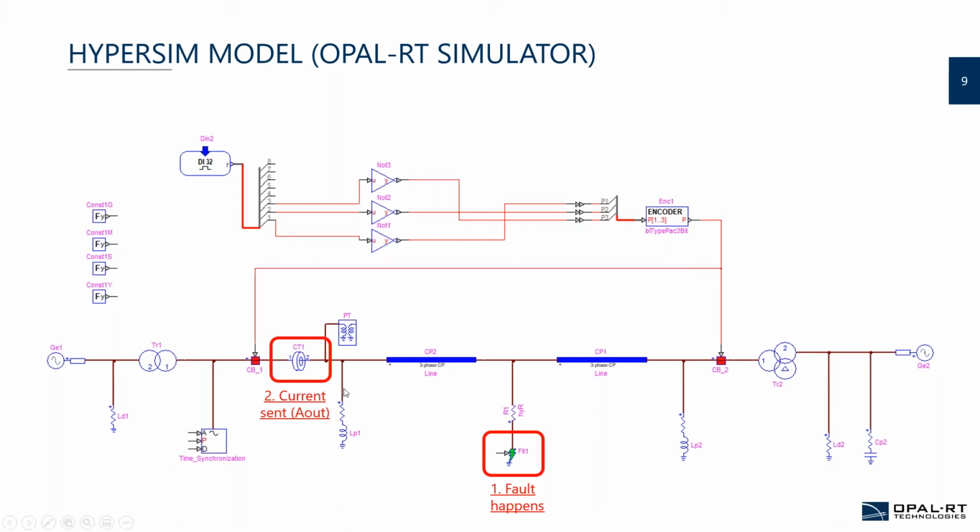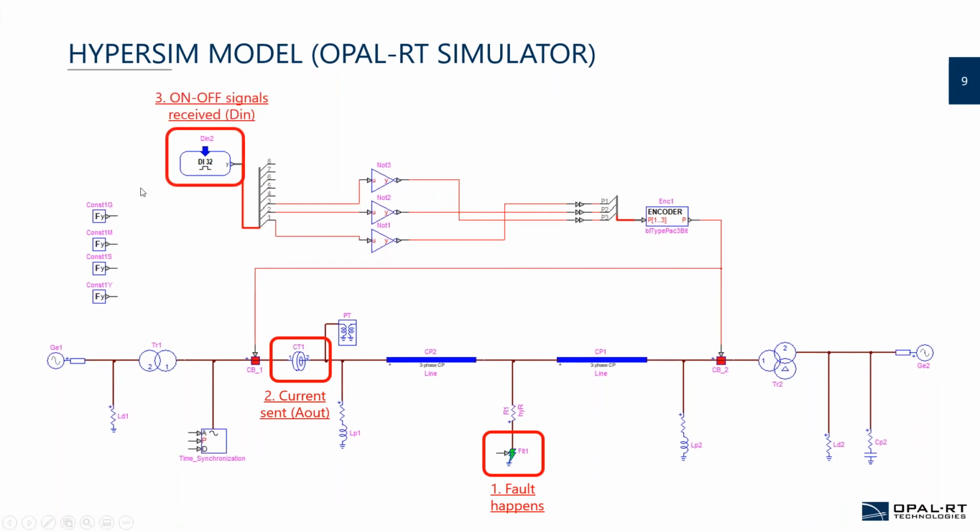The second thing is that here I have my current measurements that I have to send to the Arduino card. If the current is very high, it means that there is a fault, and then my Arduino will send a signal to open the breaker. So this is my current measurement that I will send to my Arduino card.